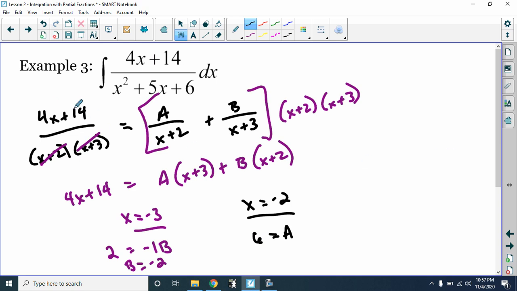So this here, I started with this, and that is the same thing as 6 over x plus 2 minus 2 over x plus 3. So this guy here is the same as that, so I can rewrite my problem so that it says this instead.